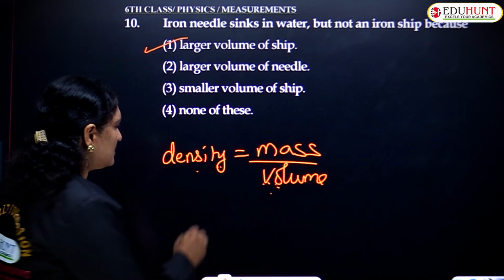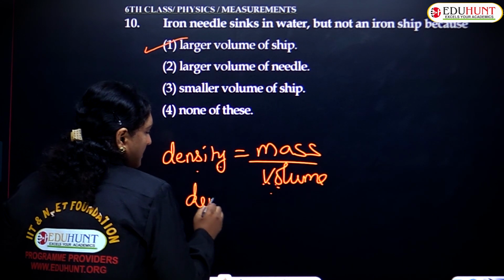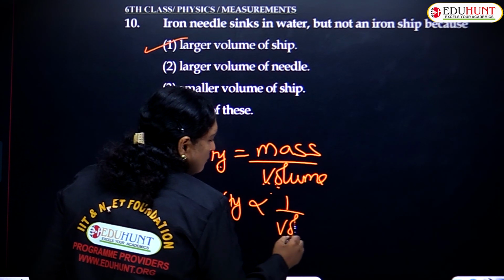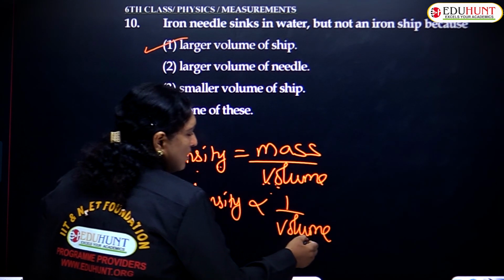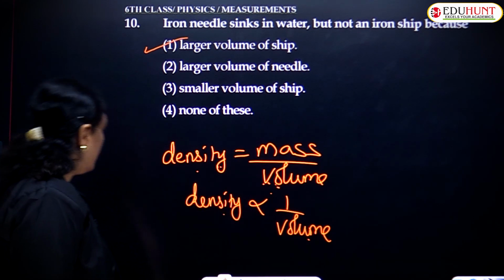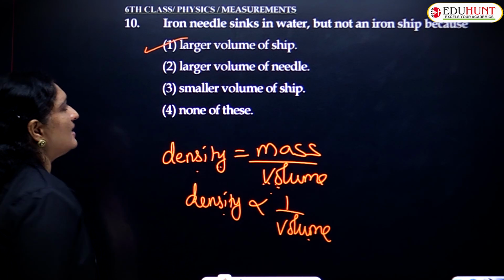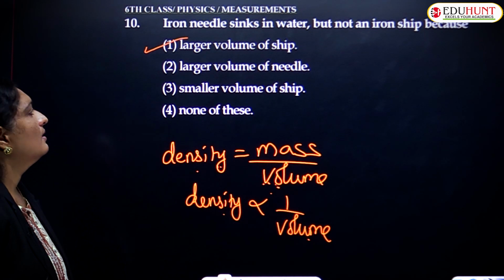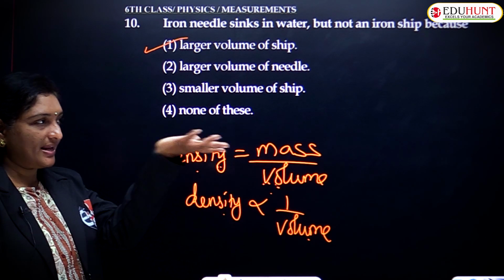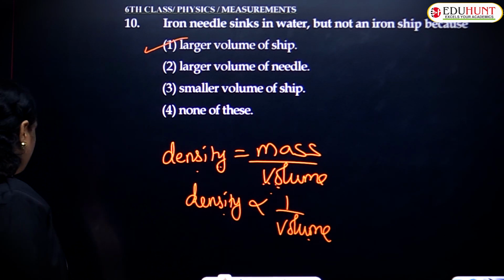Density is inversely proportional to volume. More the volume, lesser will be density. Reciprocal. So what is the correct answer? Because of the larger volume of the ship, the needle will sink down, whereas the ship will float.